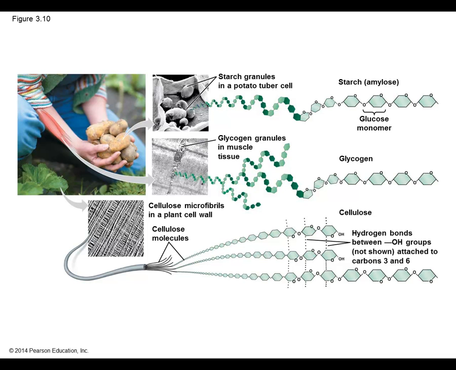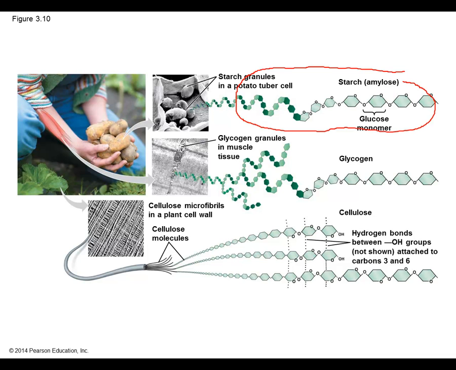Polysaccharides are the polymers of sugars, and they have storage and structural roles. The structure and function of a polysaccharide are determined by its sugar monomers and the positions of glycosidic linkages. Starch is a storage polysaccharide of plants consisting entirely of glucose monomers.